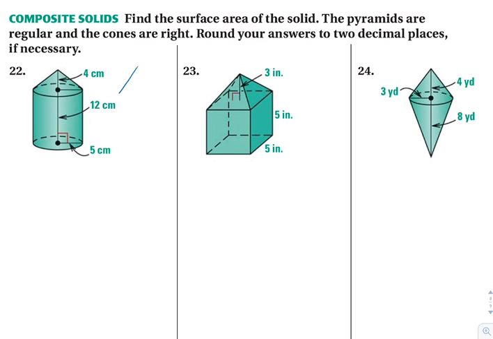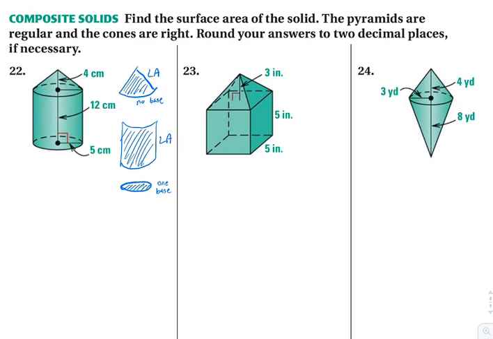Great. Okay, so look at this. Of the cone on top, what do I have? I have the lateral area, but no base, right? The base is not exposed to the exterior. And I have the lateral area of the cylinder, and then I also have one base of the cylinder.